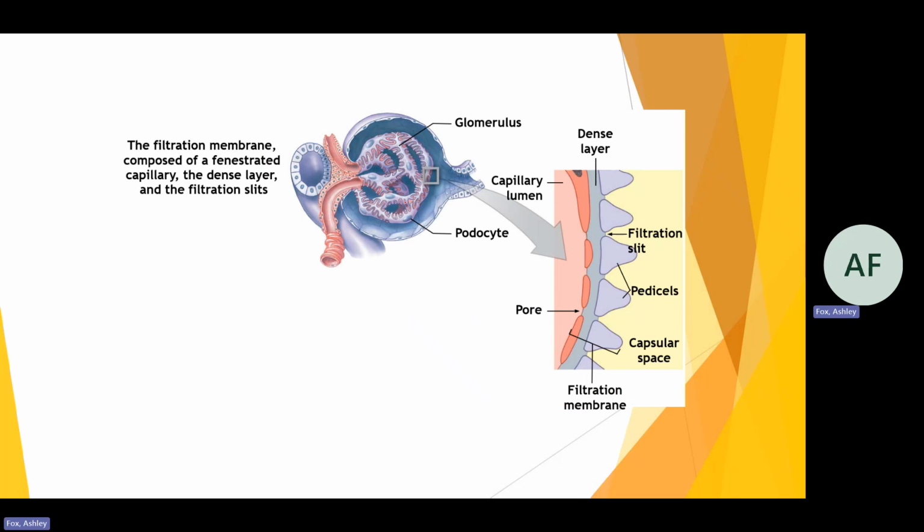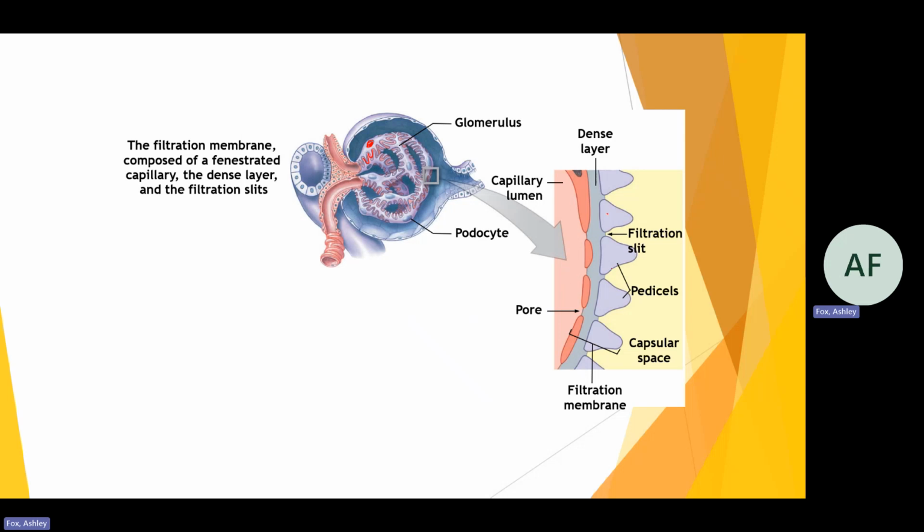So just another example, you can see on here, the glomerulus is the red, and all of these little legs are going to be the pedicels or the feet of the podocytes. So this is a podocyte right here. Here's the nucleus. So that's covering all of that. So again, you're looking at the fenestrations or the pores of the capillaries because it is a porous or fenestrated capillary.